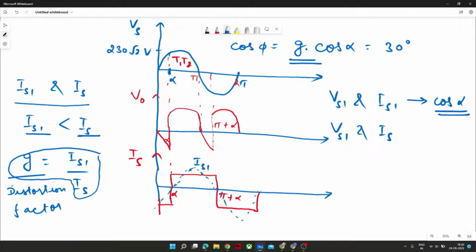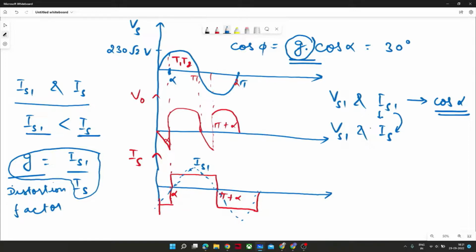We are moving from IS1 to IS, so we need one factor that will be accumulated into the power factor formula. That factor would be G, and G is nothing but the relationship between IS1 and IS. Am I getting through? Yes, sir.